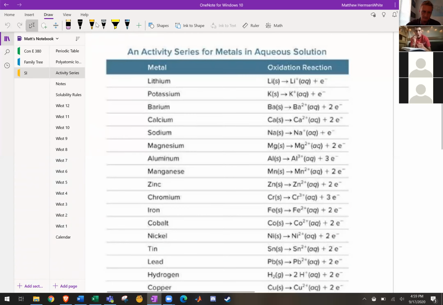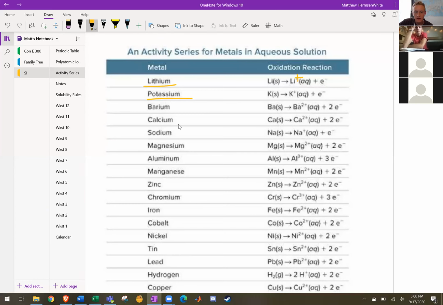What this says is what is your metal here, and then this is the oxidation reaction it would undergo. I know it's kind of low quality, but this is lithium plus an electron. So if lithium was oxidized, the reaction would be lithium solid goes to lithium aqueous plus 1 plus an electron.